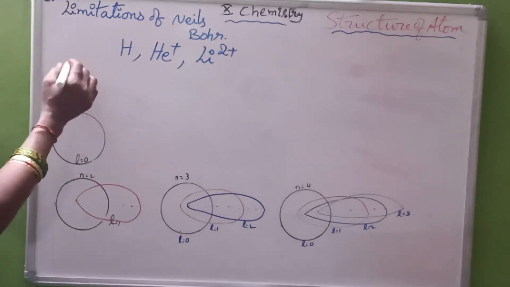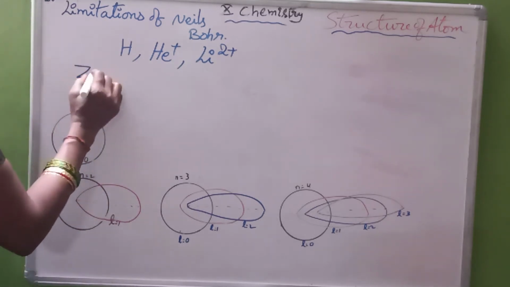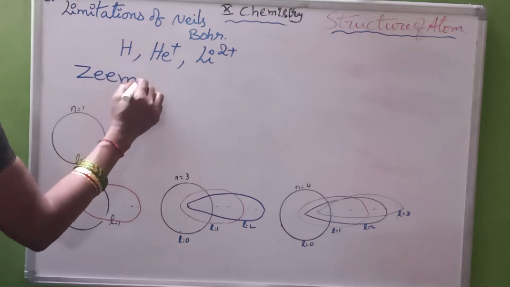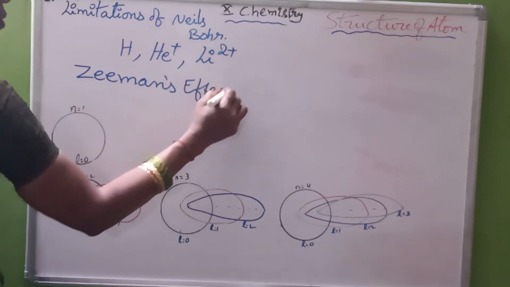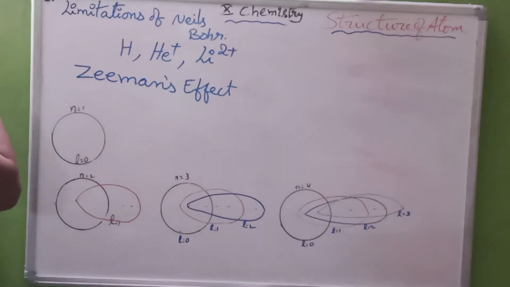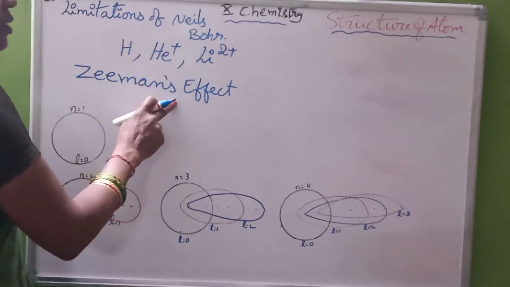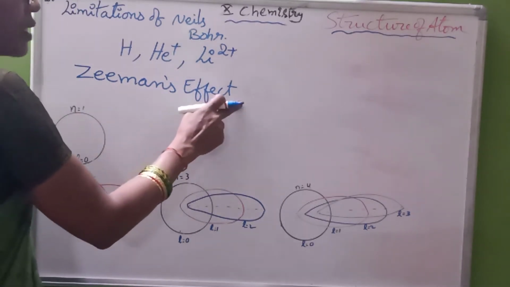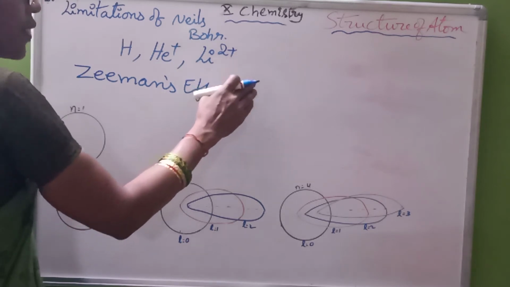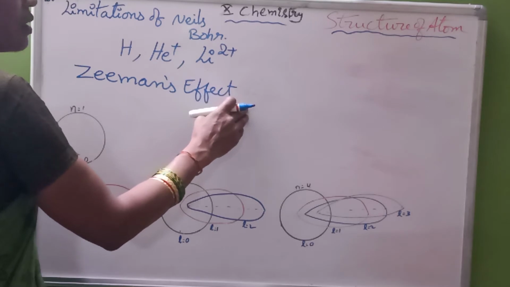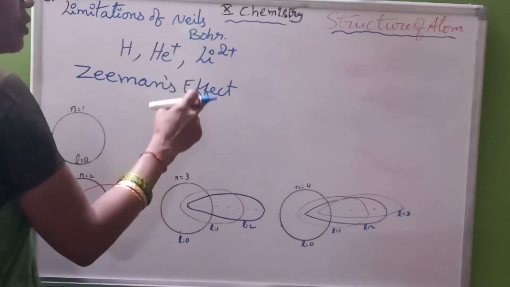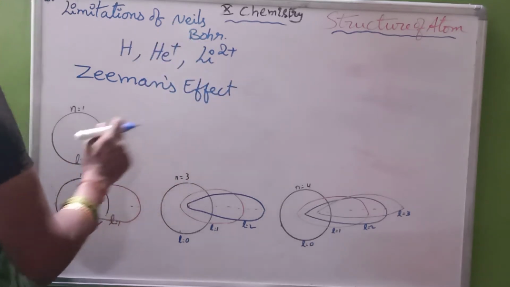And he could not give an account for Zeeman's effect. Zeeman's effect is when the atomic spectra is kept in a magnetic field, instead of finding spectral bands, we find some discrete lines, and he could not give an account for it.